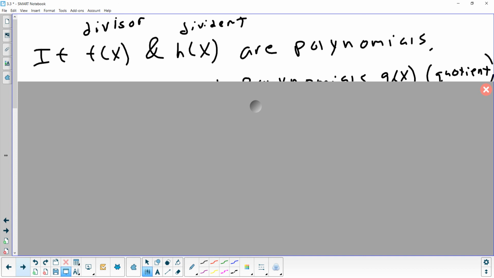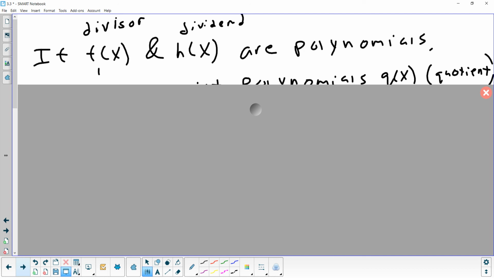And I can't just call them numbers because I don't know if they're numbers. They might be expressions like x cubed, things like that. But just to illustrate it with numbers, let's say f of x is 19 and h of x is 3. So I'm dividing 3 into 19. Just a simple problem.